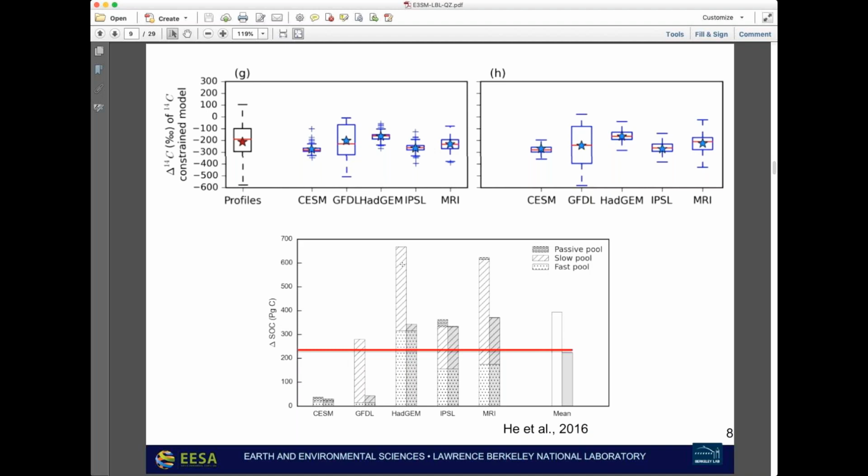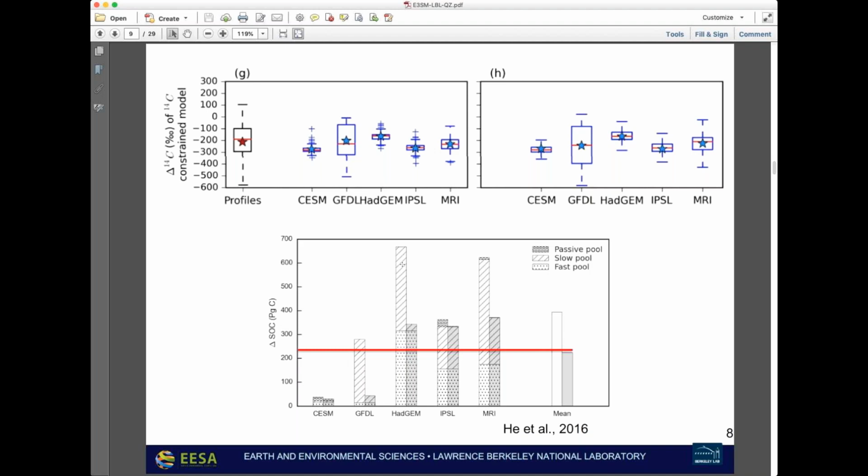They use a reduced order model approach with three pools: fast pool, slow pool, and passive pool, and also the transfer coefficients between different pools. So in total, they have 5 parameters to fit, and use all the 12C dynamics from all those Earth system models to fit the reduced order model and tune those 5 parameters, and then use that to constrain the 12C and 14C for those Earth system models.